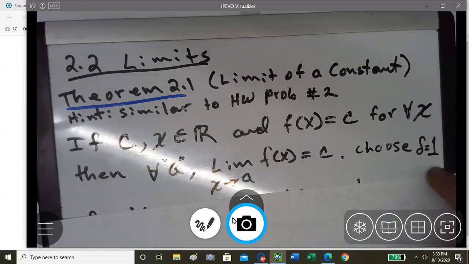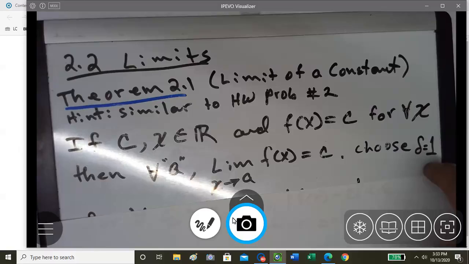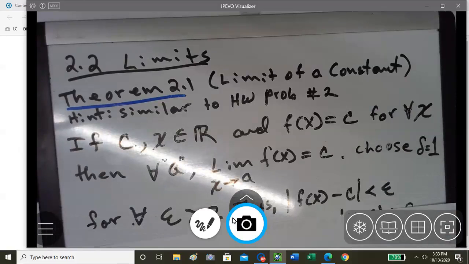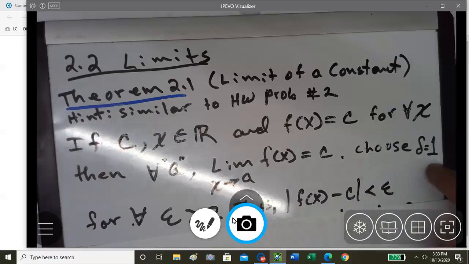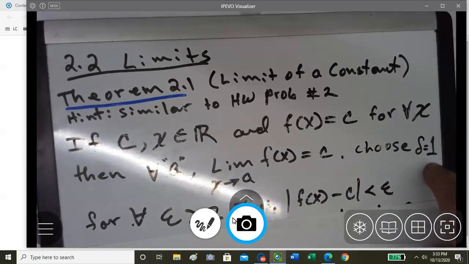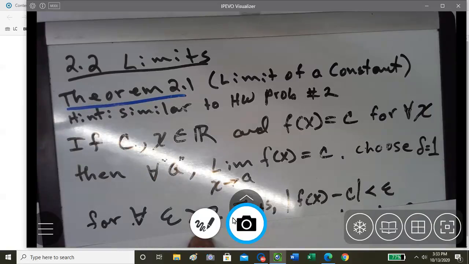So we're going to choose delta to be equal to 1 for this problem, for all epsilon greater than 0. So we're saying that for delta, we're choosing delta is going to equal 1 for all epsilon greater than 0. So we have our absolute value of the function minus the limit, normally we have a function minus the limit, and that's less than epsilon.